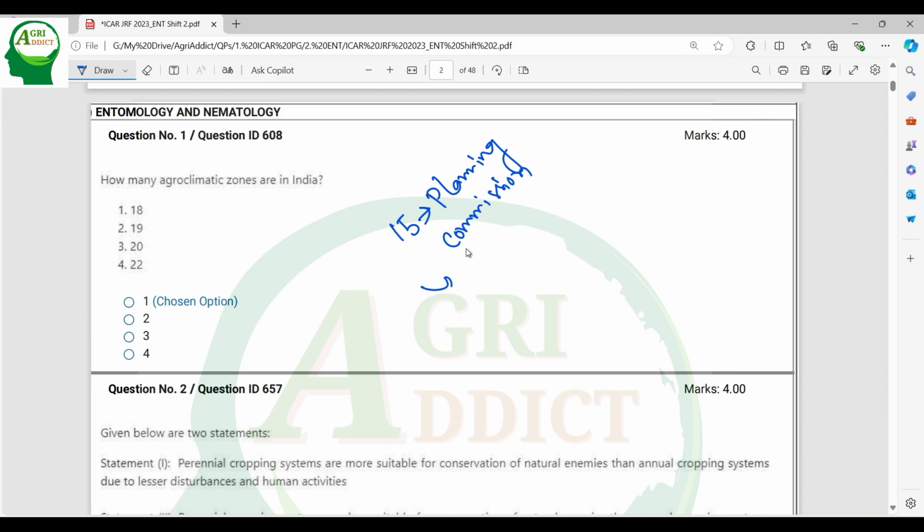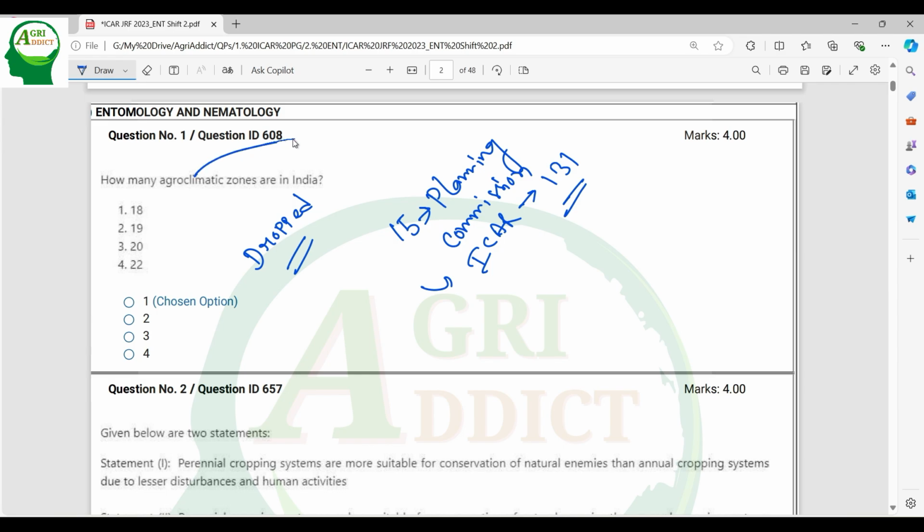And according to ICAR, the Indian Council of Agricultural Research, it is 131. In none of the options can you see 15 or 131. It is given 18, 19, 20, 22. So the question should be dropped.